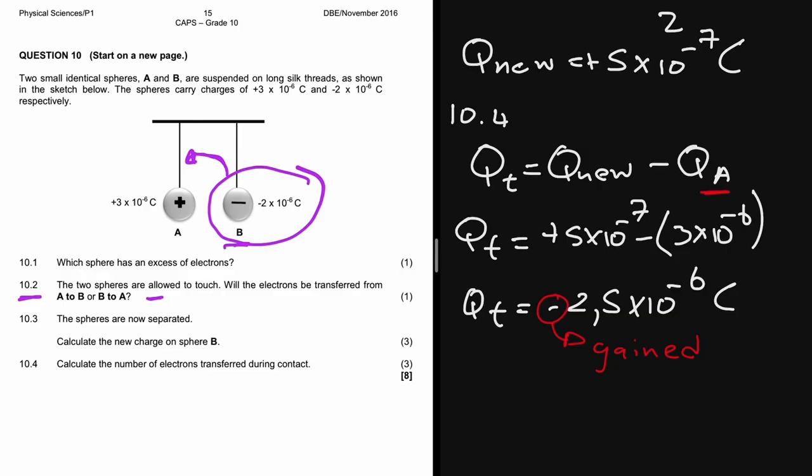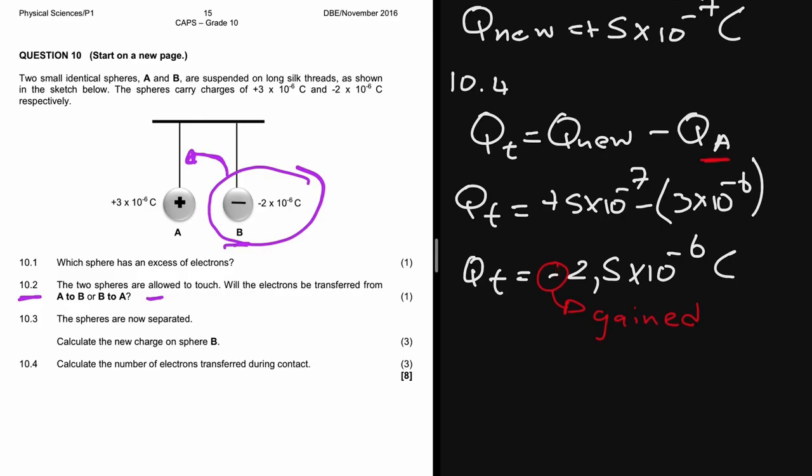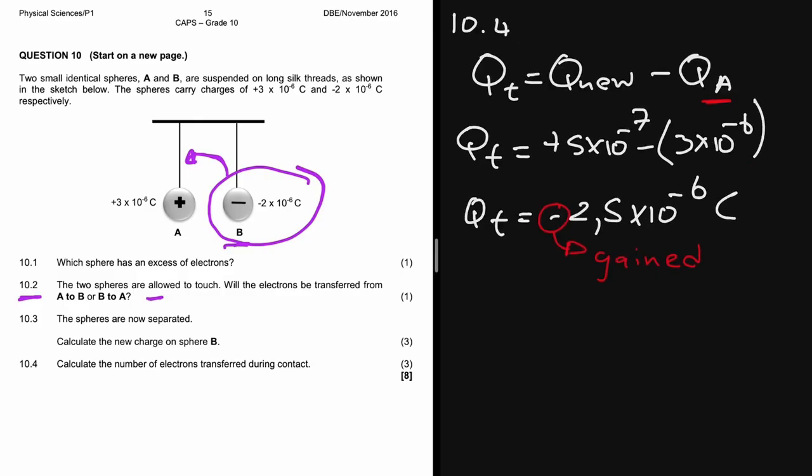Now remember, it doesn't matter if you have calculated using the charge of A or the charge of B. You are still going to get the same answer, but with different signs. But now if you want the number of electrons that were transferred, we have the number of charges that were transferred, so the number of electrons will be the charge that was transferred divided by the charge of one electron.